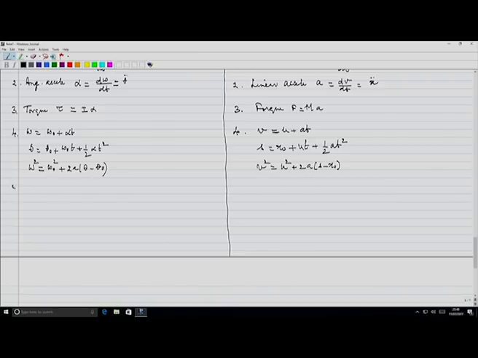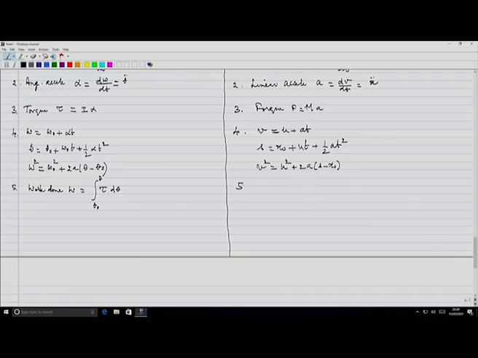Then 5. What is the work done? Expression for work done is: tau is the torque acting on the body, infinitesimal displacement is d theta, therefore this is the amount of work done in shifting by d theta, therefore total work done is from a particular value to a particular value.